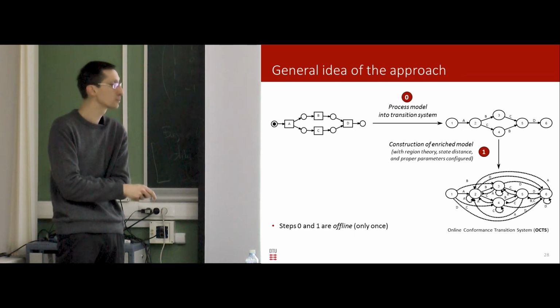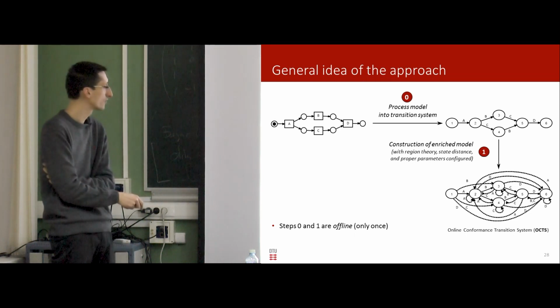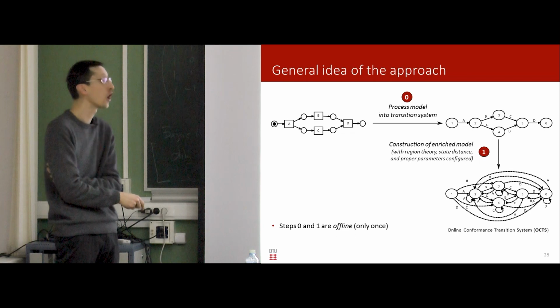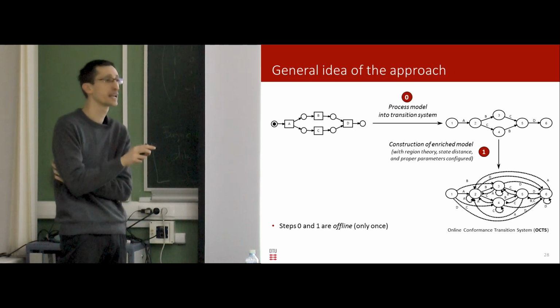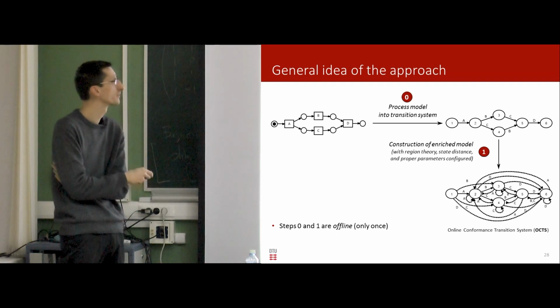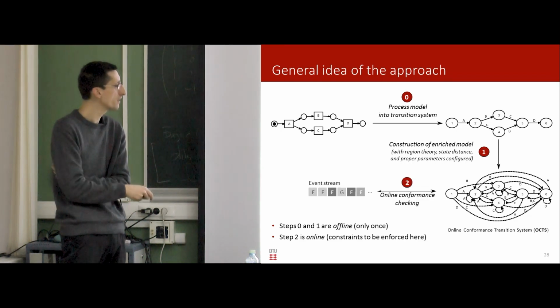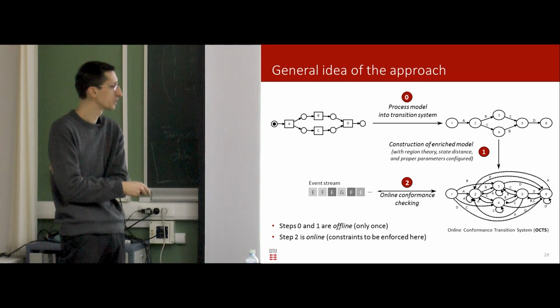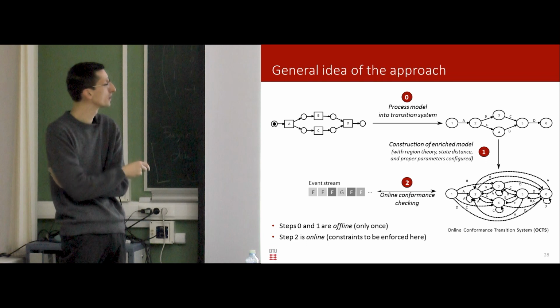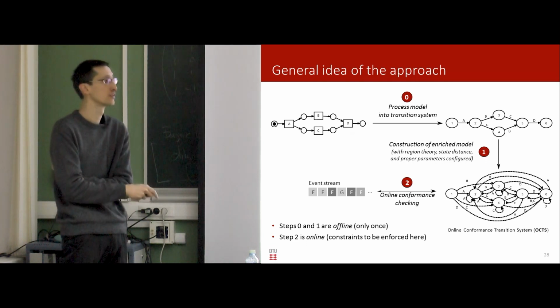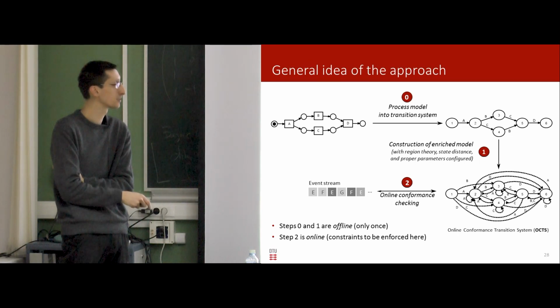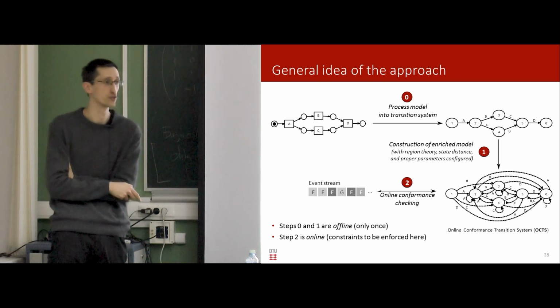This is computationally very expensive, but the point is that these first two steps are done offline. So we don't really care about the computational complexity up to this point. Then we compute the online conformance checking between our event stream, and not the original model, but this guy here that we call online conformance transition system.